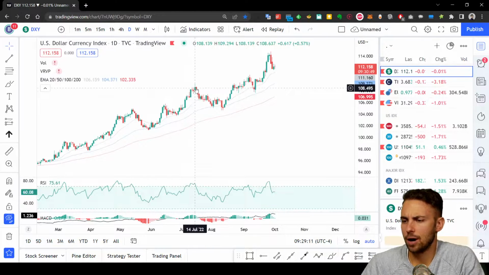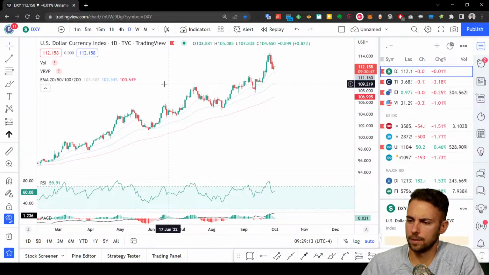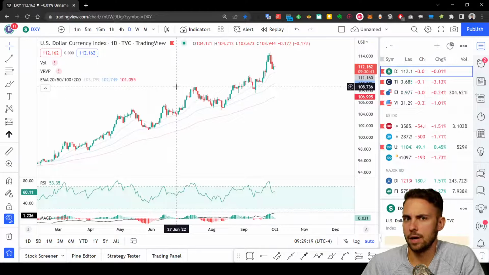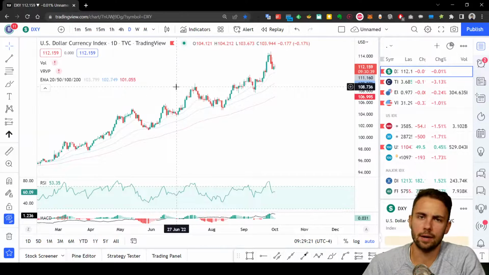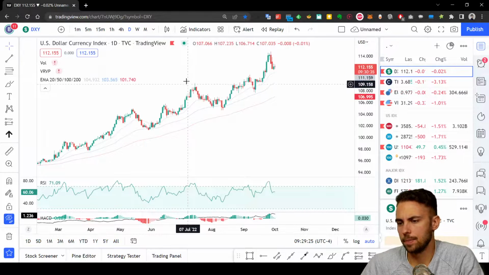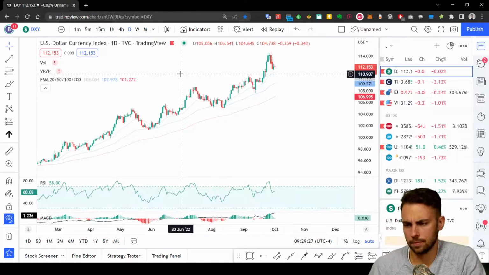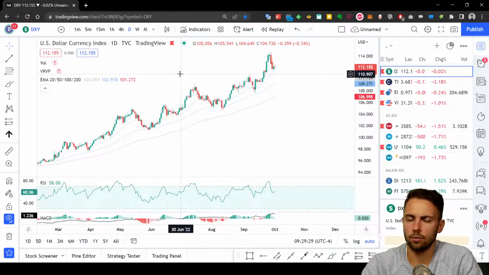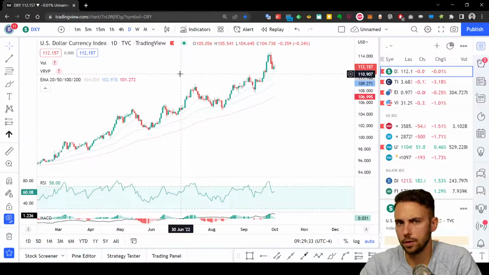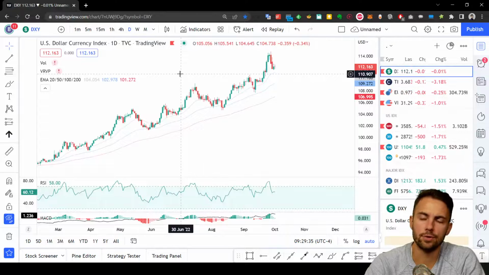Whenever the price rebounds out of an area a couple of times, we call this area or line a resistance or support. If we are bouncing off from the upper side, we call this support, and from the lower side we call this resistance.